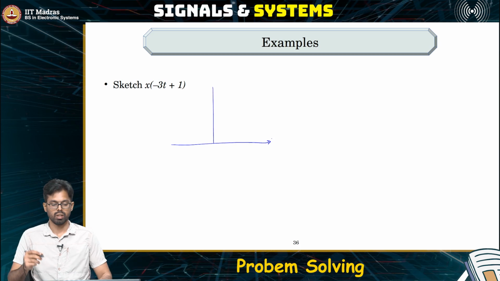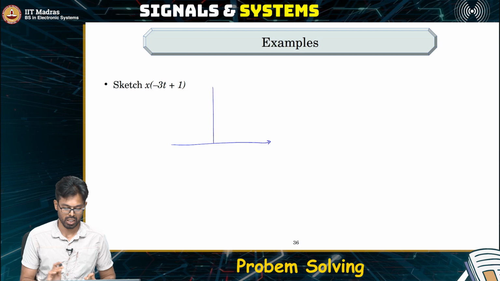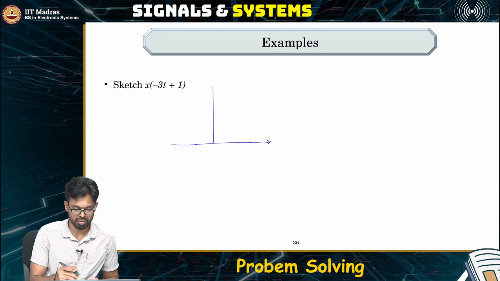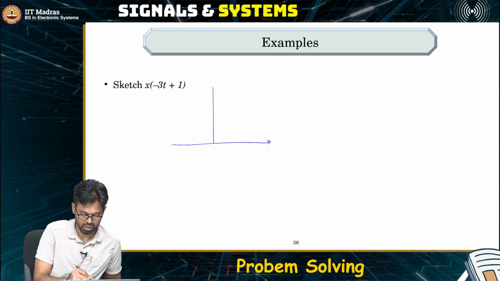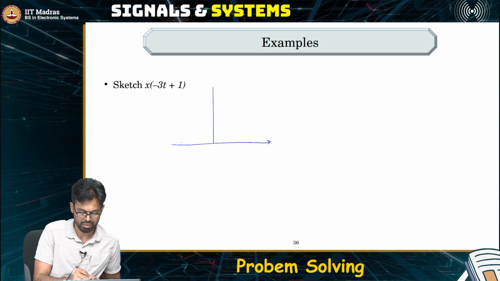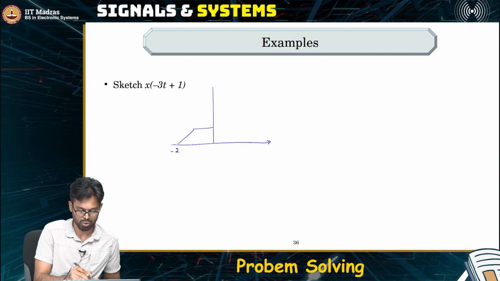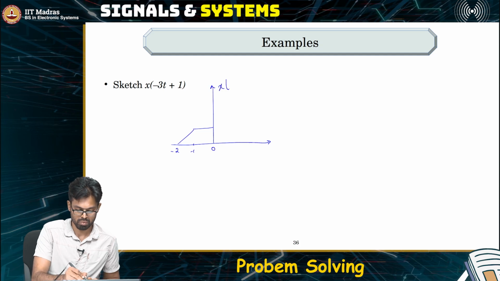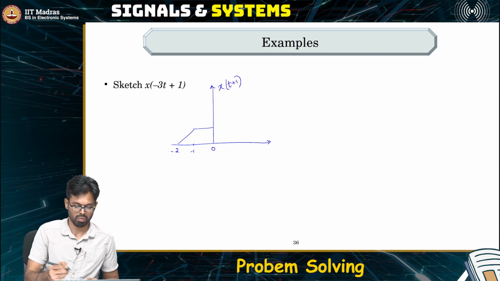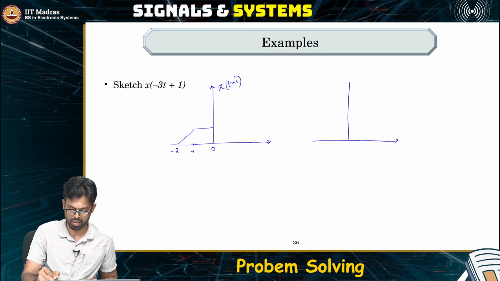What you can do, like we said last time, is first shift. By shifting the same signal that we have here by plus 1, you just shift it to the left, so you get minus 2, minus 1, 0, okay, and then now you have to scale it.